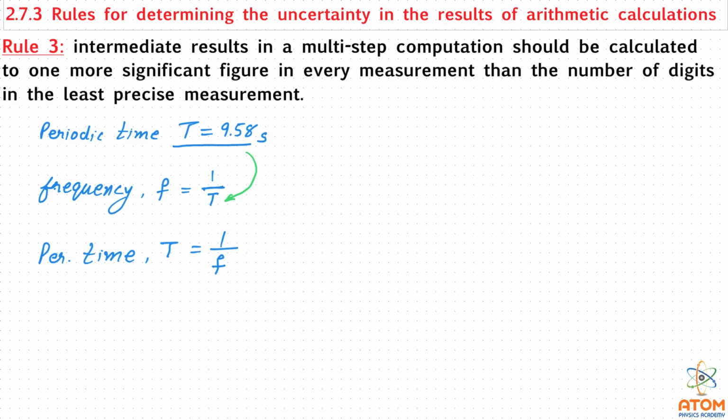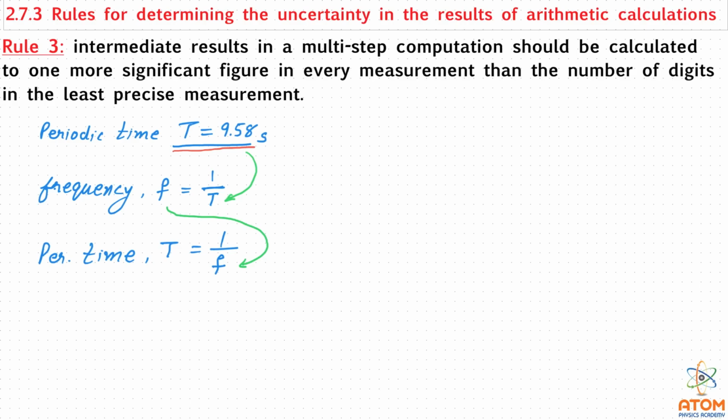Here I'll use the above value of frequency and see what we get as per the significant figures. Here we'll use our normal rules of significant figures and we'll see what happens. Obviously it is expected that we should get this periodic time T back.